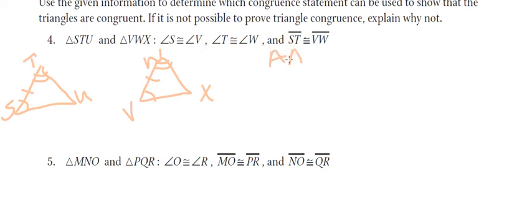So they give us 2 angles, and they also give us a side. So now we need to think about whether it's angle, angle, side, or angle, side, angle. And the difference between these is whether or not the side is a corresponding side or whether it is an included side. Well, when I look here, that side for each of these is included. So these are going to be congruent according to angle, side, angle.